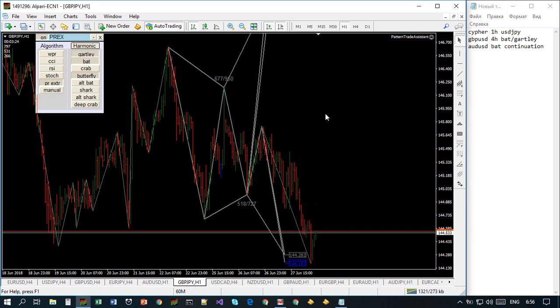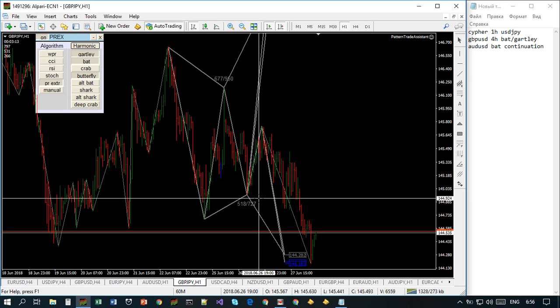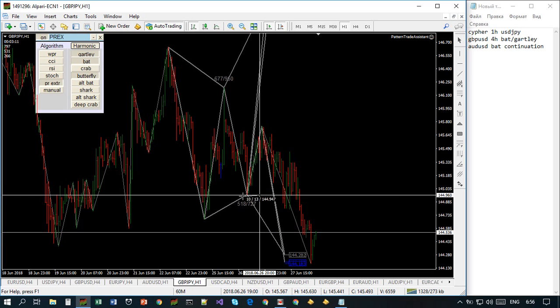Pound yen. Okay, we had this wonderful winner on pound yen, and I've been trading it according to a BAM harmonic strategy. Basically, we simply broke this B point here.